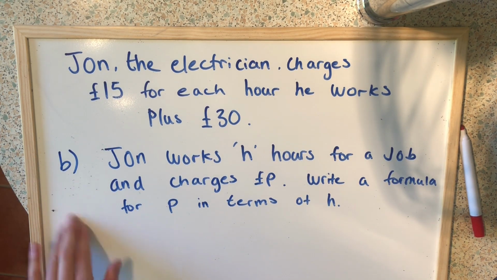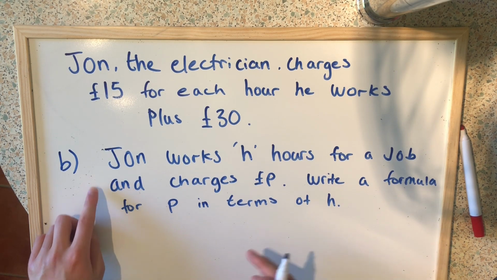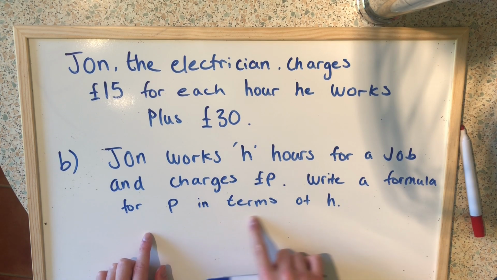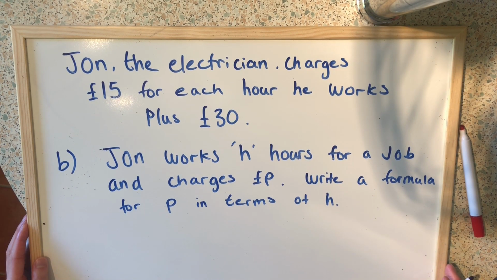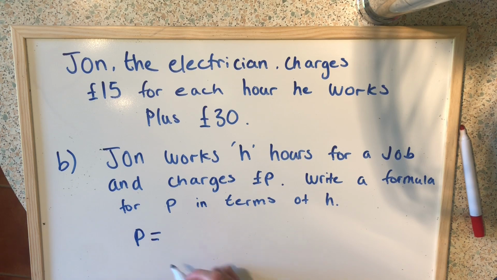Okay, so now we've got part B. John works H hours for a job and charges P pounds. Write a formula for P in terms of H. Okay, so if you want to write a formula for P in terms of H, then we want it to be something like P equals something.